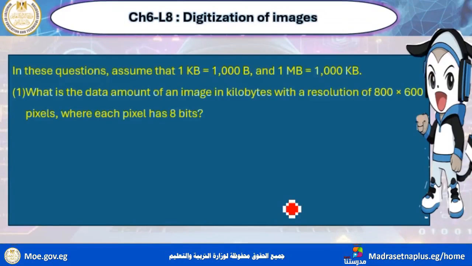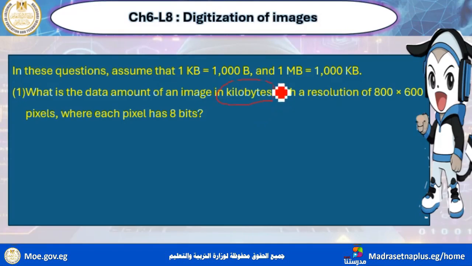Now in these questions, assume that 1 kilobyte is equal to 1000 bytes and 1 megabyte is equal to 1000 kilobytes. What is the data amount of an image in kilobytes? Here we ask about kilobytes.